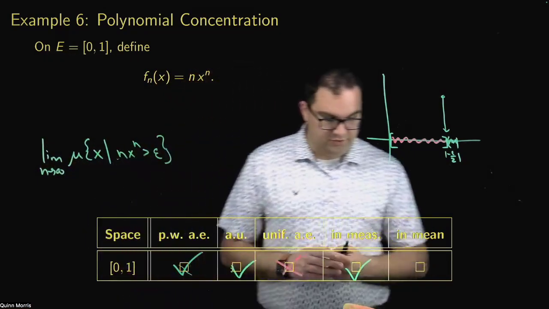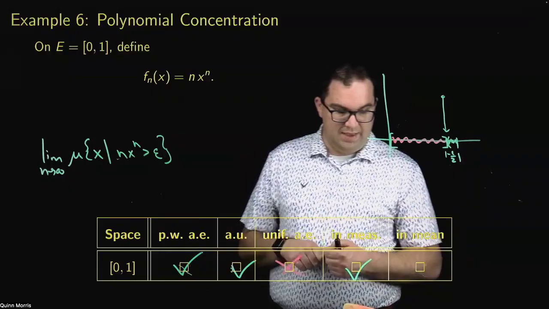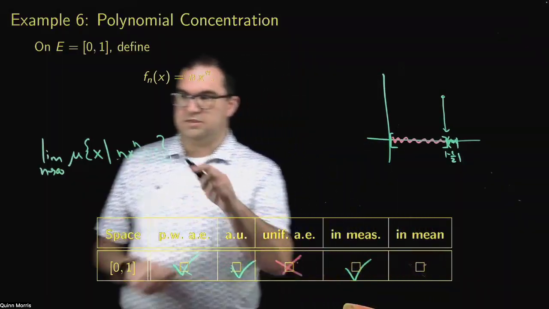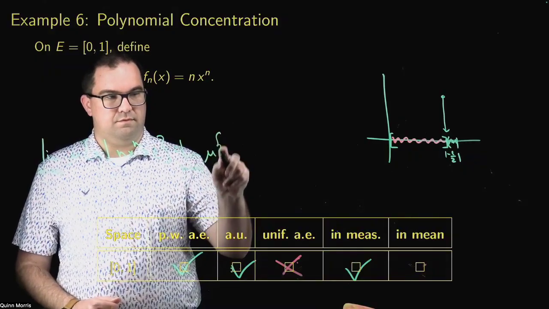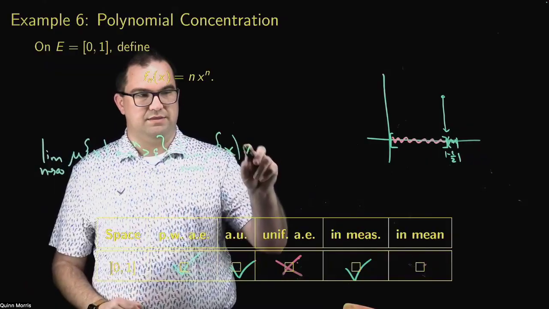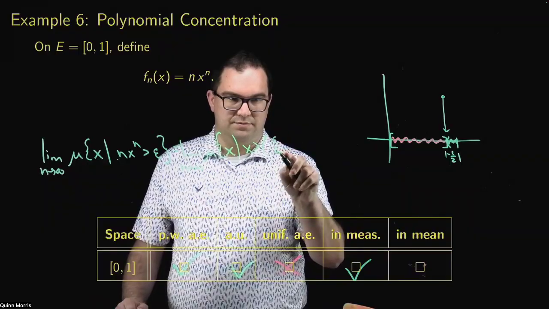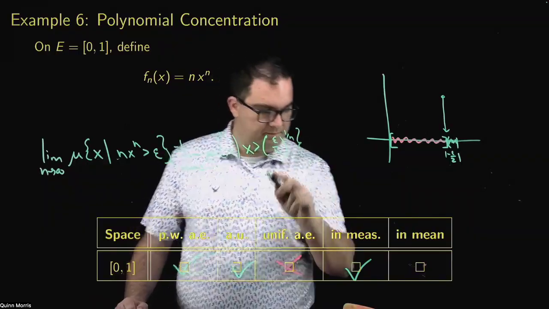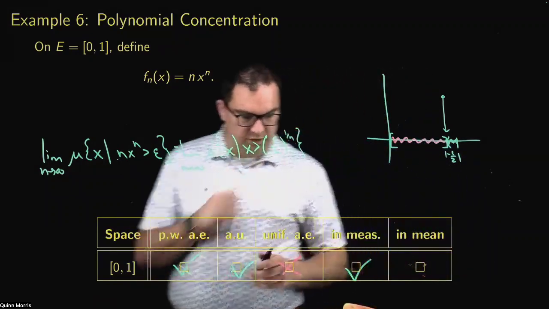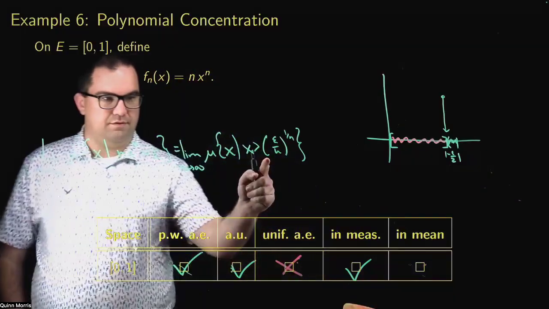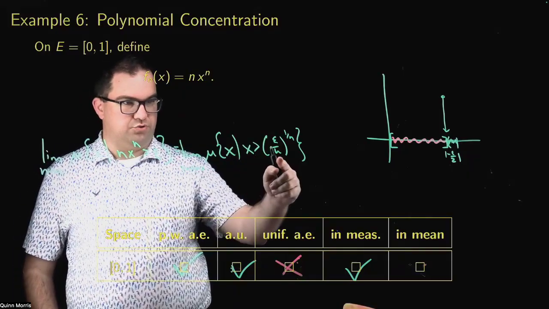Well, if I do just a little bit of algebra here, this is the same as the set of all x such that, I'm just going to mess with this condition for a second, this is the set of all x such that x is greater than epsilon over n to the 1 over n. And so if I look at the measure of this set, I can actually just figure out it's just where x is greater than this.